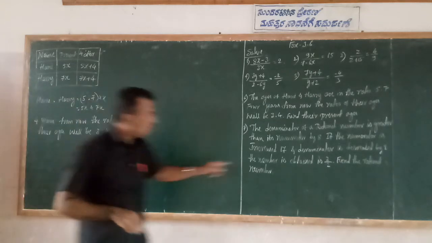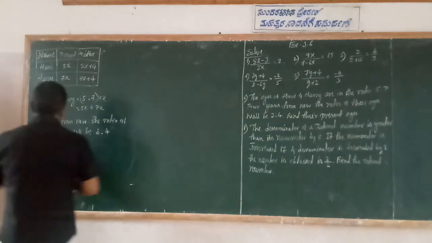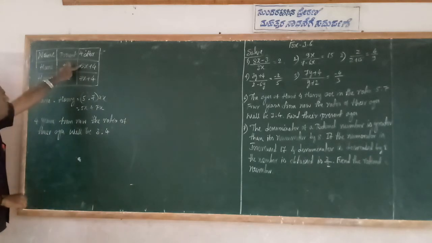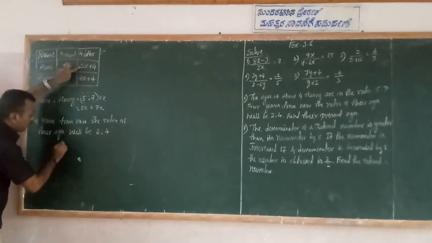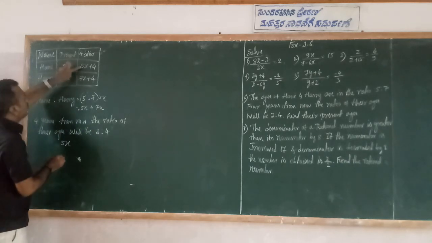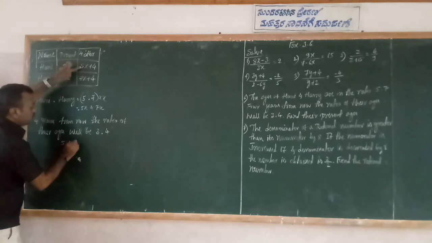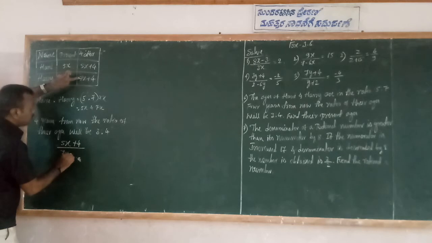Correct? Yes, students. After 4 years, Hari's age is 5x plus 4 and the other's is 7x plus 4. So we have to write it in ratio form. After 4 years, the ratio is 5x plus 4 whole upon 7x plus 4. This is in the ratio form.